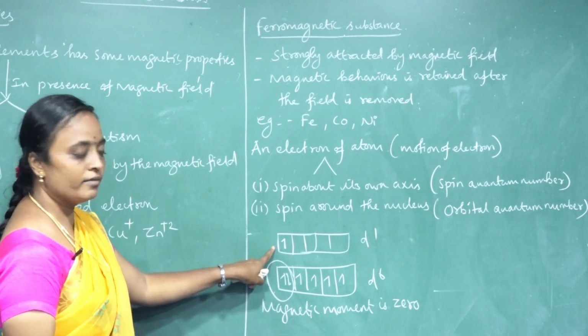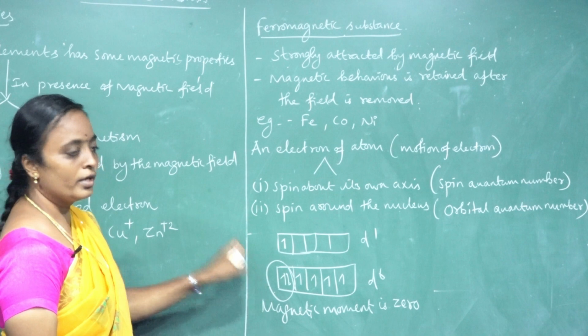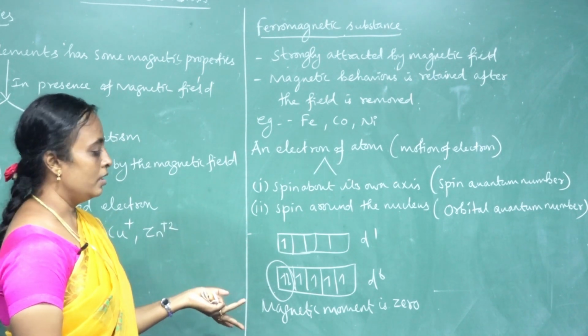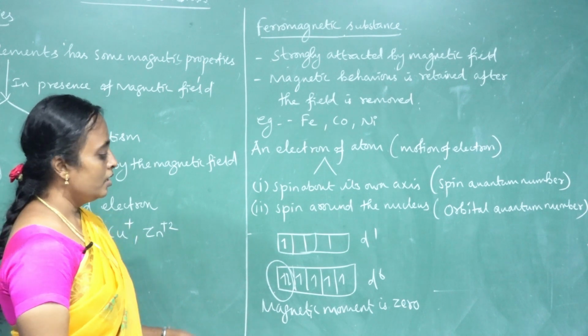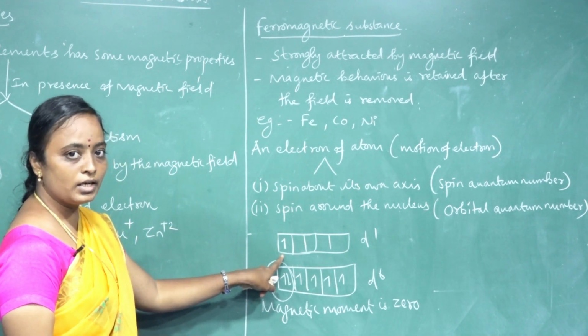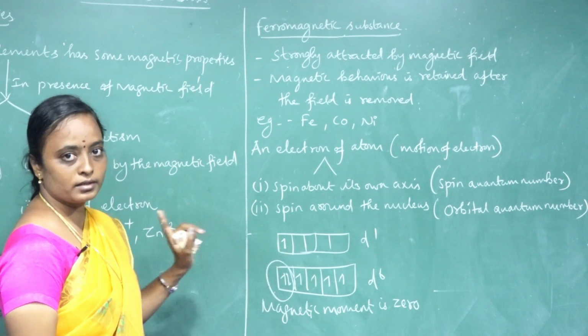But with an unpaired electron we will have a magnetic moment. From that we come to one point: for a transition element or any ion, if you have at least one unpaired electron in the d orbital, you may calculate the magnetic moment.